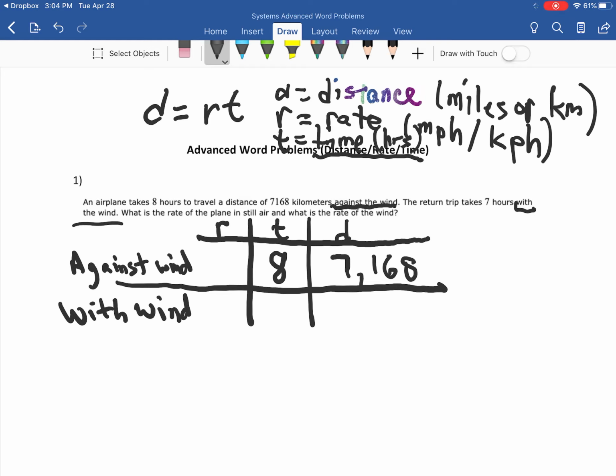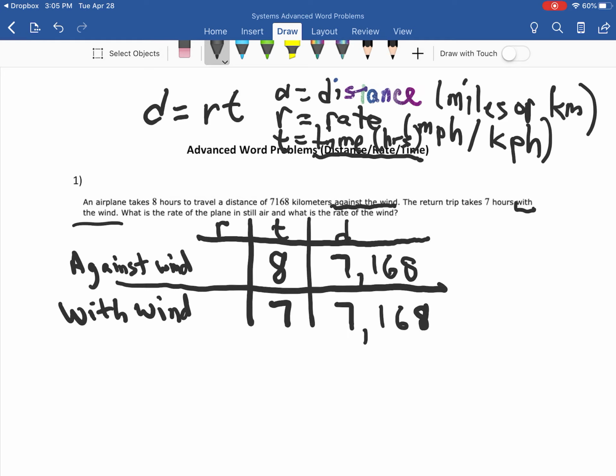And then with the wind, we're going 7 hours, and the return trip for the distance has to be the same as the original trip. Okay, if they're going 7,168 kilometers to get there, they're going the same distance to come back. So let's fill that in for distance.